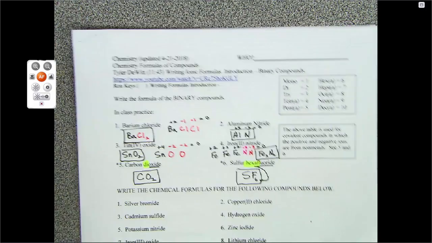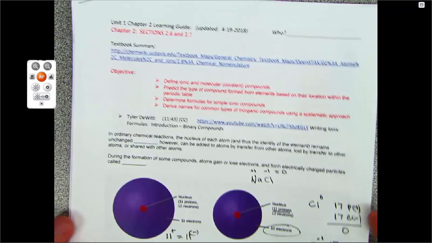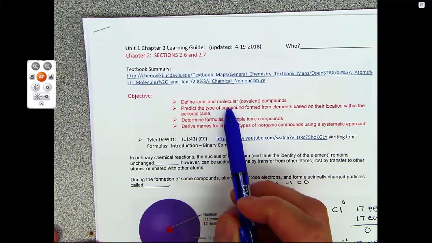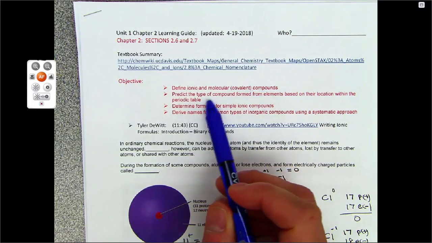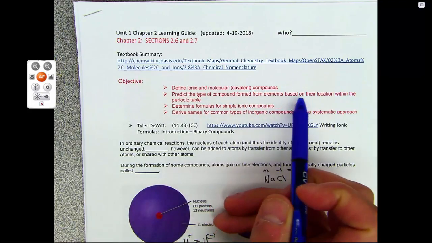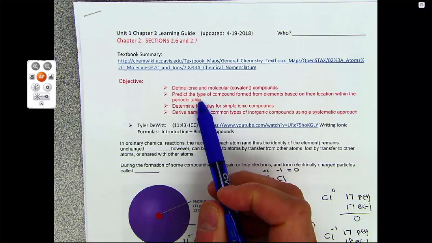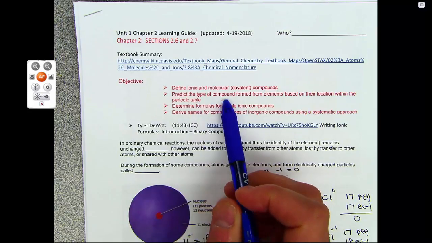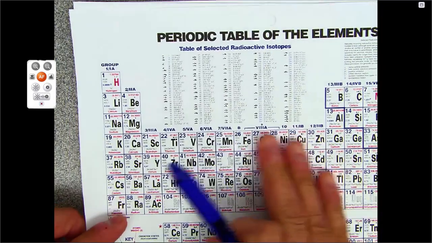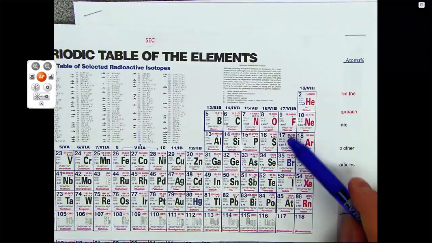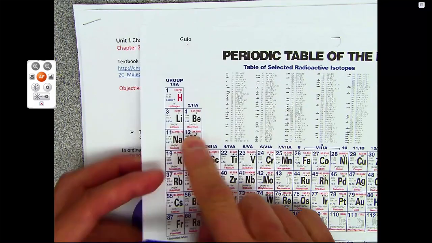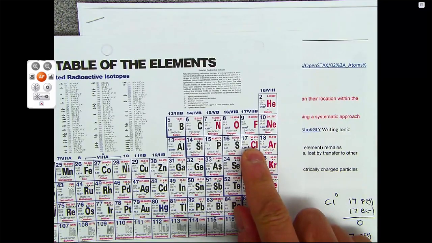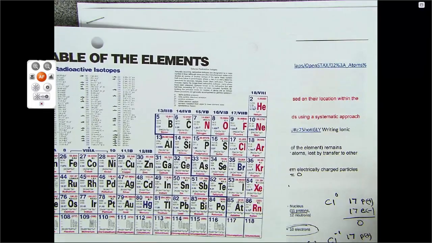For this unit, what we are doing is defining ionic and molecular or covalent compounds. We are predicting the type of compound formed from elements based on their location within the periodic table. Basically ionic or covalent, where if you have metals on this side bonded with a nonmetal, such as sodium chloride, that will be an ionic compound.